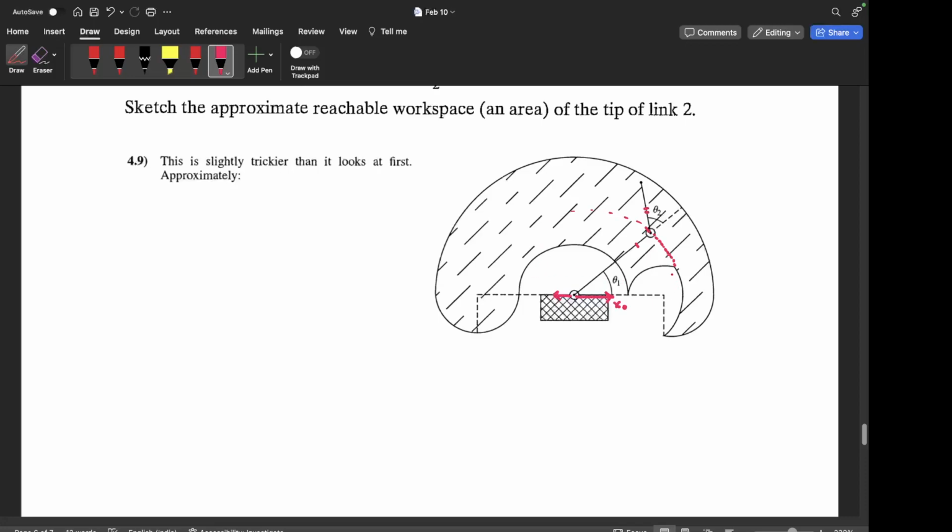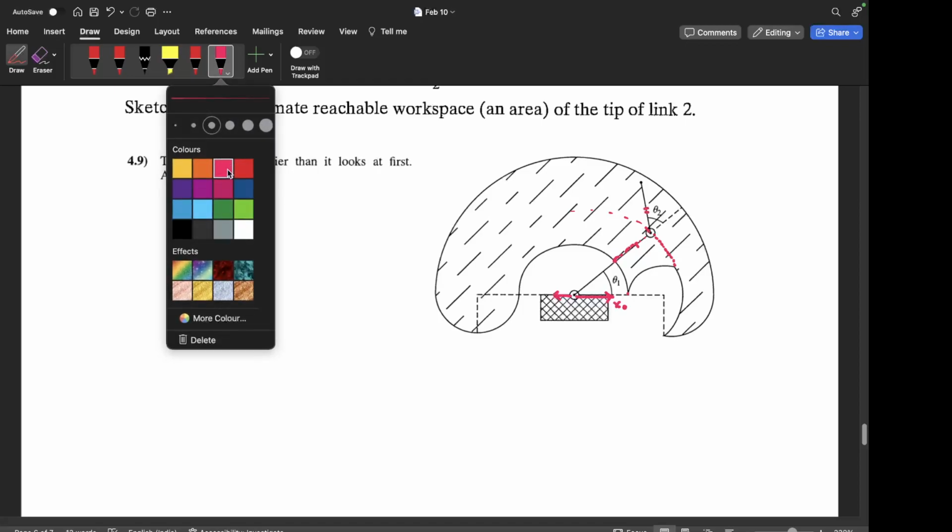Circular path like this. And imagine when theta 2 gets folded on this, right? This is similar to what we discussed earlier, when the second link is folded, there is the inner boundary that you get.